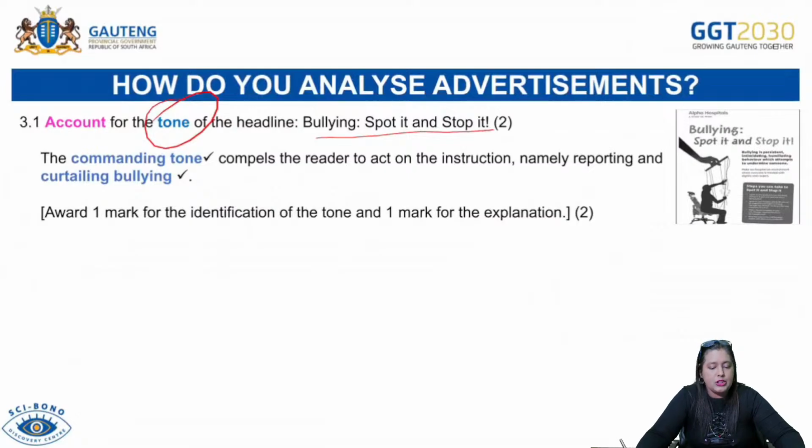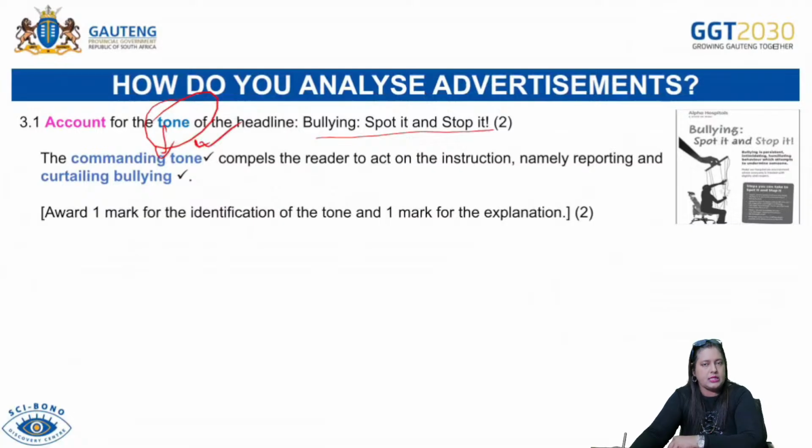The commanding tone, so here we have already linked the tone, 1 mark given for that, compels the reader to act on the instruction. Spot it and stop it, in this case with the exclamation mark, means it is a command. It says take action now.